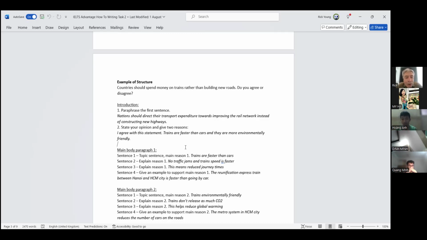Okay, so hopefully you all understand that there is no right answer to these questions. Doesn't matter whether you agree or disagree. The examiner doesn't care, as long as you have some reasons and you can write about it. So Huang Ang disagreed with this, because Huang Ang is saying that now we have electric cars, so pollution from cars isn't as much of a problem as it used to be in the past.